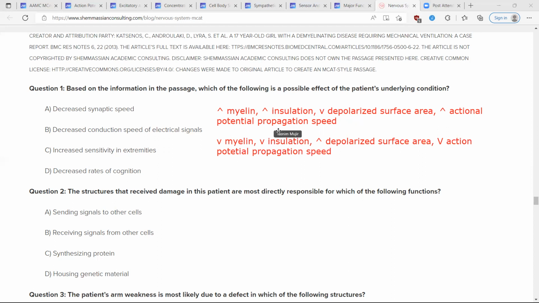Which of these seems to line up with something we've discussed here? A or B? Excellent, you guys are on it, right? We know it has to be a decrease of speed, right?